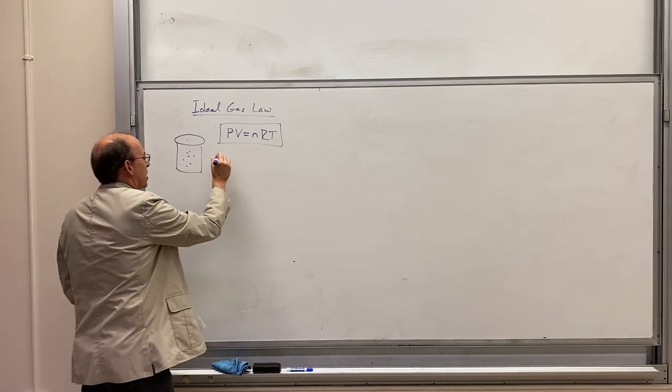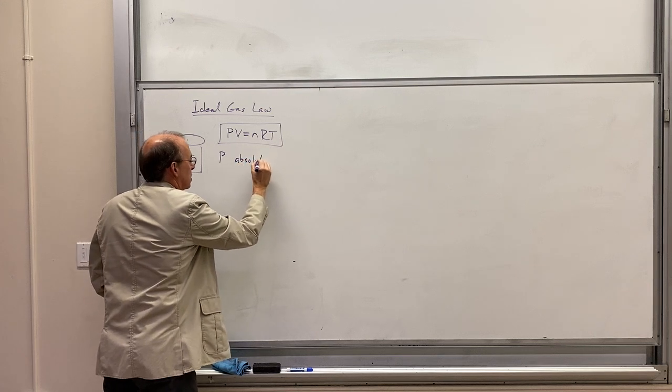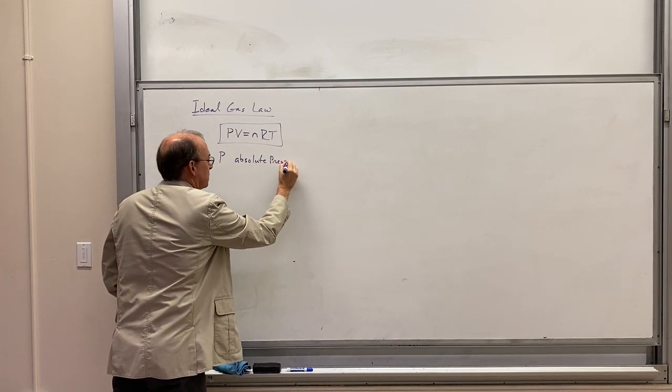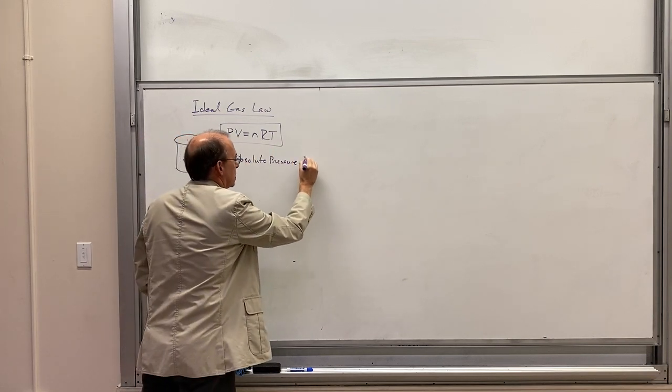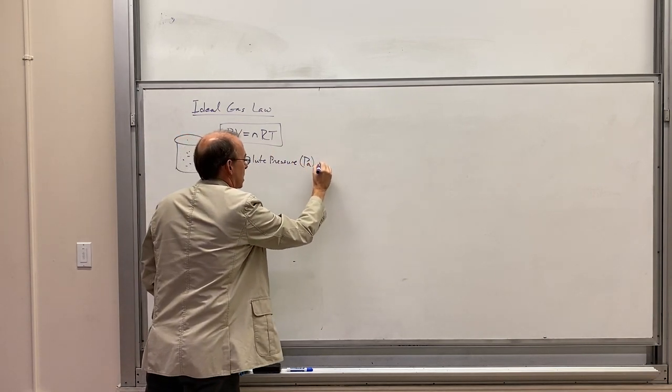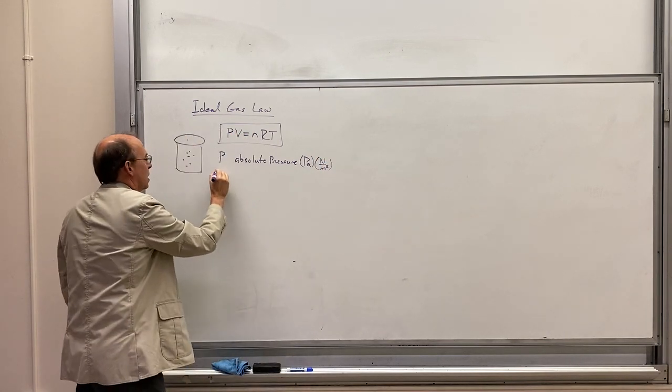So let me clarify here. P has to be absolute pressure, and it could be in units of pascals, and I'll remind you that's newtons per square meter.